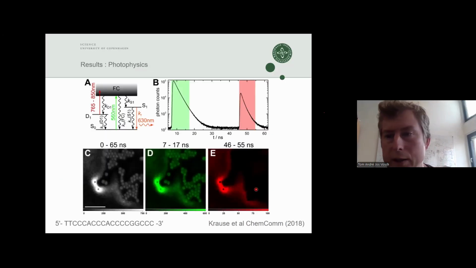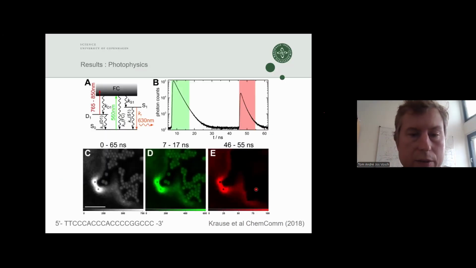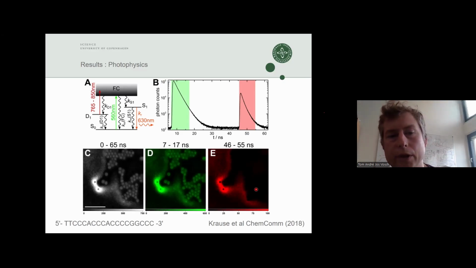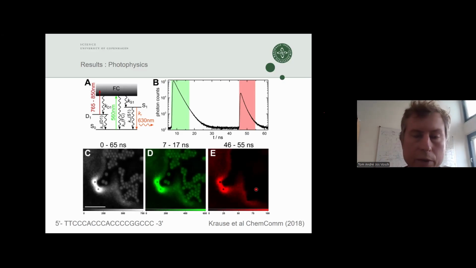So we have ultra-fast processes, we have regular nanosecond-lived fluorescence, but we also have even slower processes. Even from the early days, it was known that these silver nanoclusters can have microsecond-lived dark states. And one way to use them for imaging applications is, for example, by exciting them with regular light, in this particular case for this cluster, a green light.